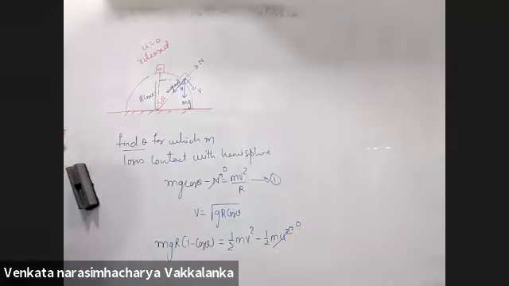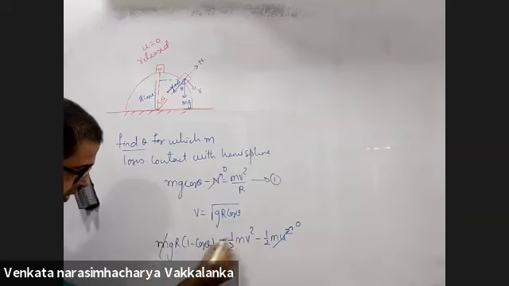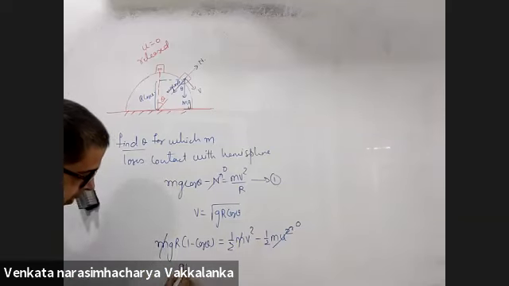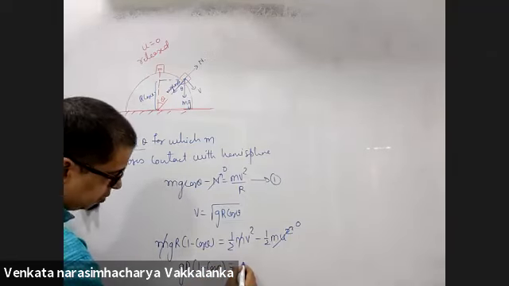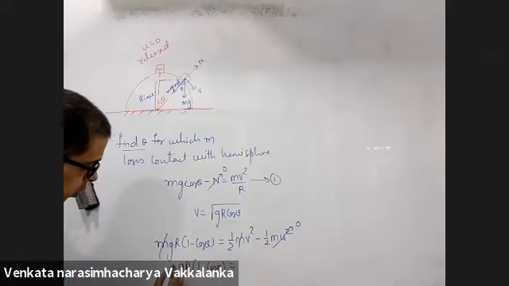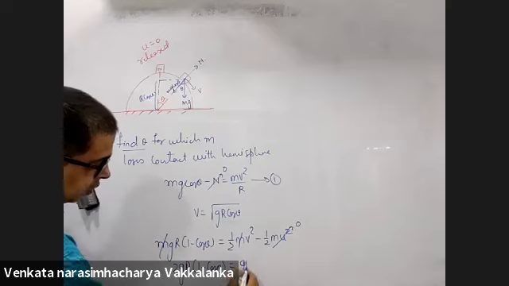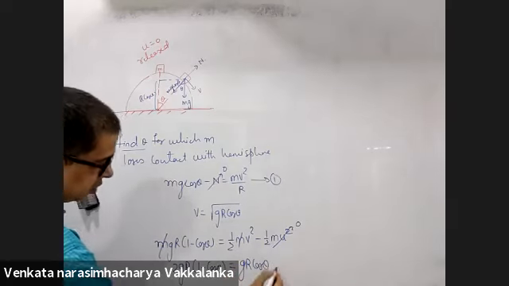You gave me u as 0. Substituting this v here after cancelling out m, gr into 1 minus cos theta is equal to half of gr cos theta, that is 2gr into 1 minus cos theta is gr cos theta.